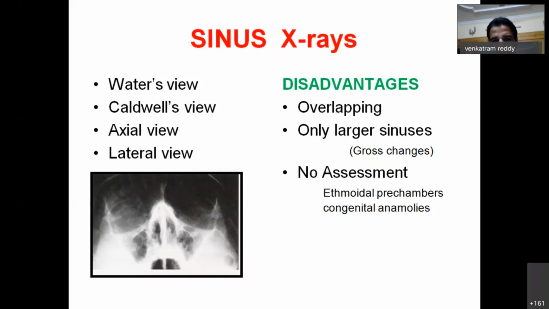What we can assess in X-ray is only the larger sinuses. The smaller sinuses cannot be evaluated, so it has become totally obsolete. Although there is still a little place, some people are still requesting it, but for me it has no value in today's practice.